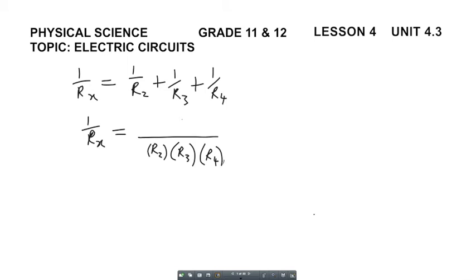So basically, if we're using numbers, we're looking for the lowest common multiple of R2, R3, and R4. So from this point, we can say, if I consider R2 and then I have R3, multiplied by R4, plus.